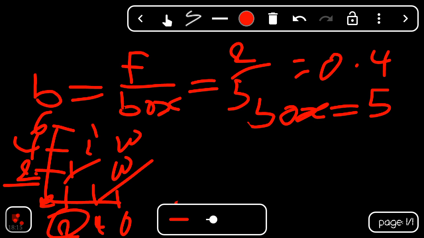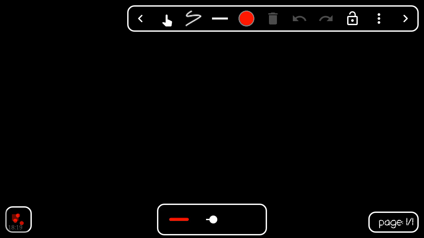So you take note of that and keep it in one place and write it: b is equal to 0.4. And again, the next formula I'm going to use is very easy.